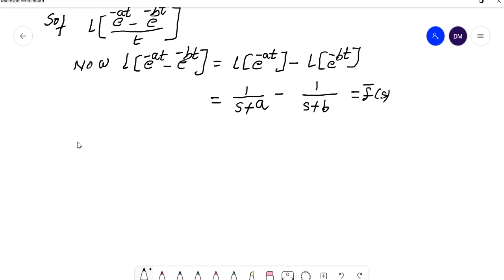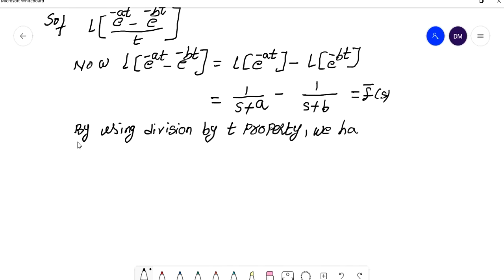By using the division by t property, we have L of f of t by t is equal to integral s to infinity f bar of s ds.